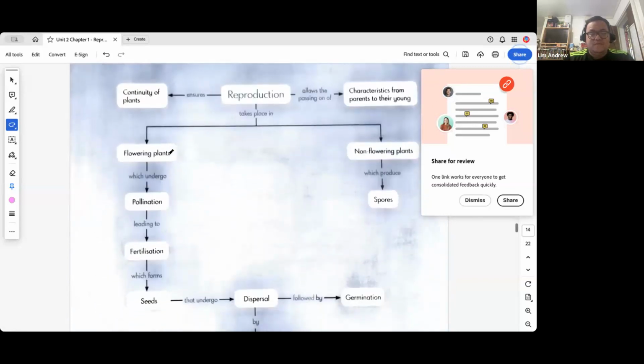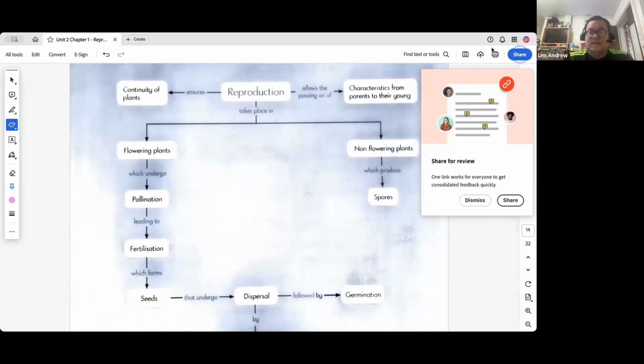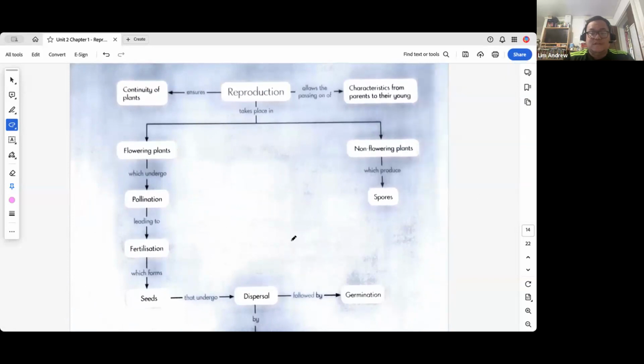So this diagram shows what we have learned just now. Reproduction ensures continuity of plants. Reproduction also allows the passing on of characteristics from parents to young, and it takes place in both flowering plants and non-flowering plants.